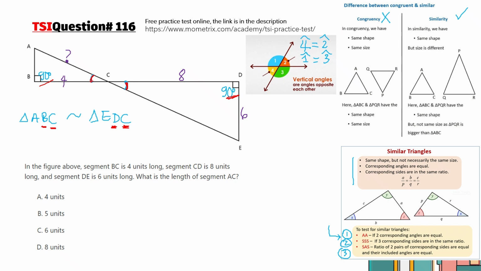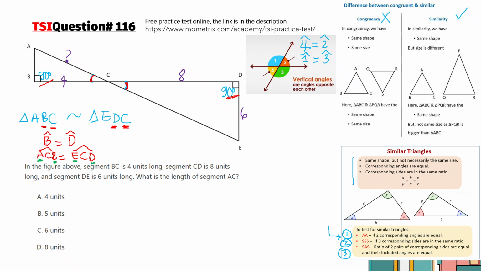Okay, so we have angle B equals angle D. We have angle C on this side, ACB, equals angle ECD. We always have to write it correspondingly: A goes with E, B with D, and C is the same.